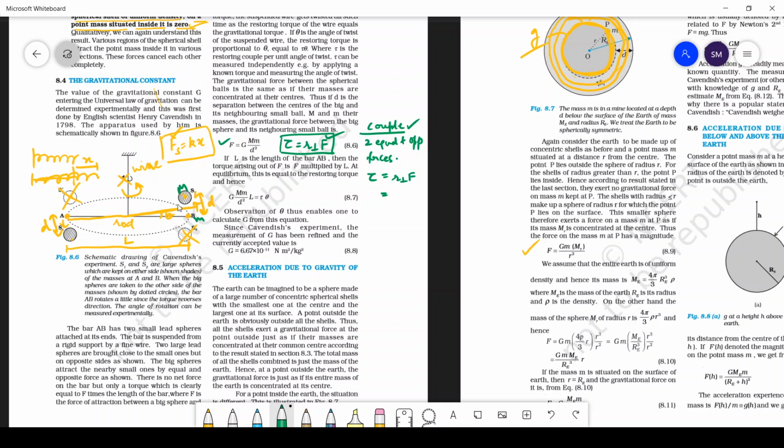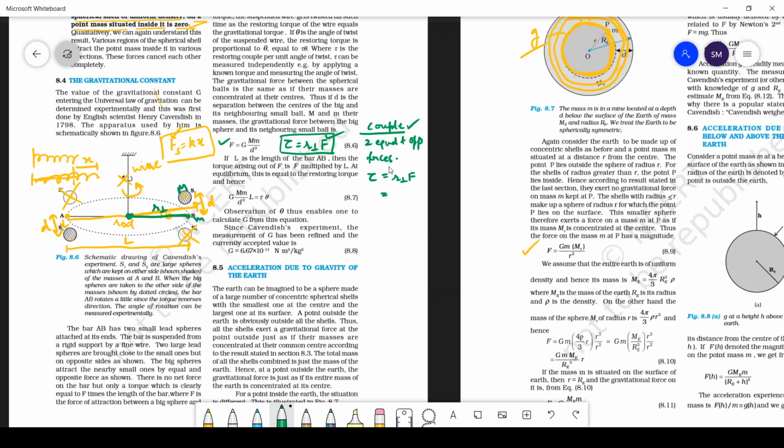If you are taking the torque on the mass at B, you would count the distance from the axis of rotation to the point of application of the force, so that would be your r perpendicular.